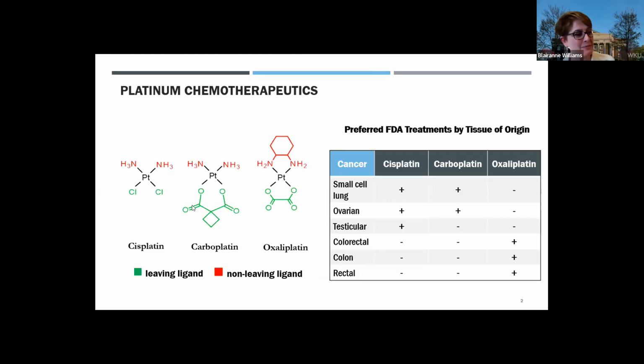I removed this slide for time's sake, but just to briefly say what happens when all of these leaving ligands are removed and water equilibrates, the compound then travels to the nucleus, and where the leaving ligand was attached, those 2 sites bind to DNA, typically at guanine N7, and it basically causes the DNA structure to kink.